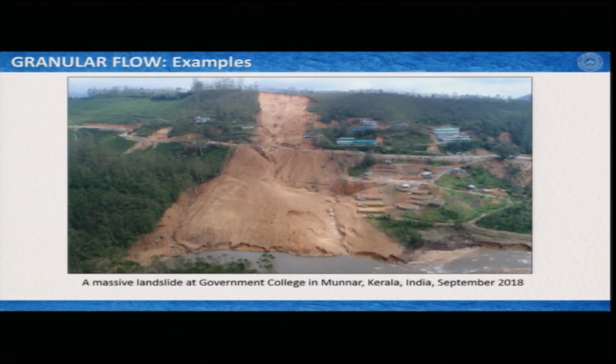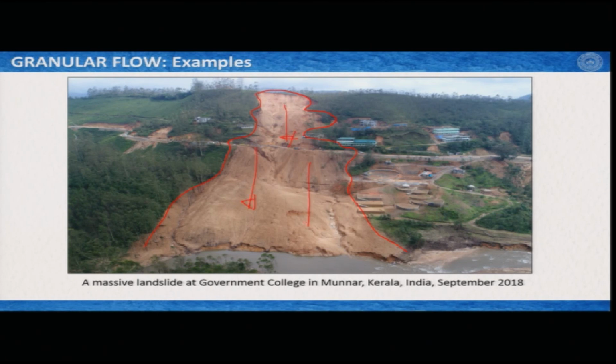Now another example, also very recent, is in Kerala. Last year we had a significant flood there, and that flood was associated with a lot of devastating landslides. This is an image I collected from the Government of Kerala website, and you can clearly figure out that this is one landslide. Materials from the top flew, just rolled, towards this direction.